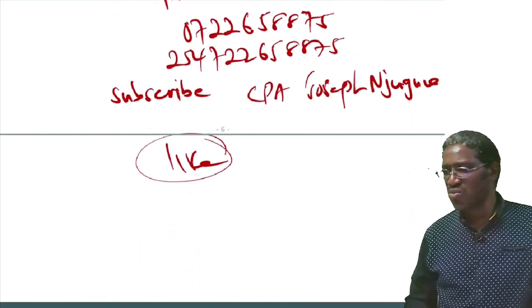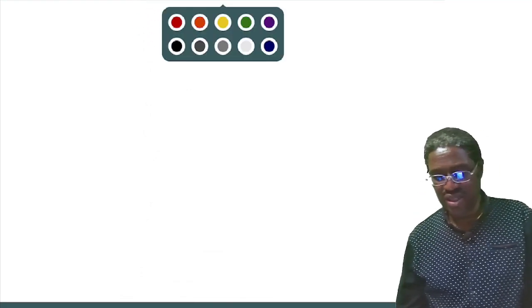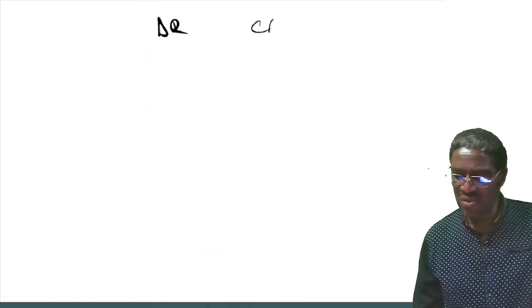This is something you must have done in your financial accounting. I want to use it to ask you a few questions. In your financial accounting, you did a topic called company accounts. In that topic, you used to be given a trial balance.